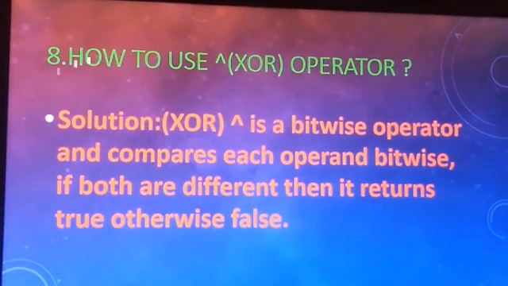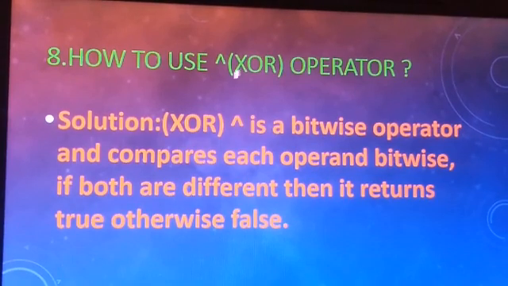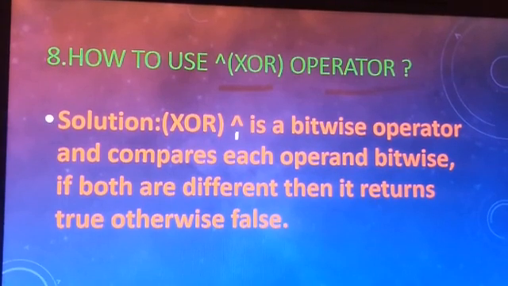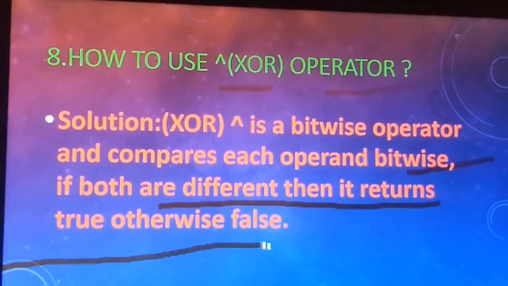Eighth question is, how to use the bitwise XNOR operator. Solution: XNOR is a bitwise operator and compares each operand bitwise. If both are different, then it returns true, otherwise false.